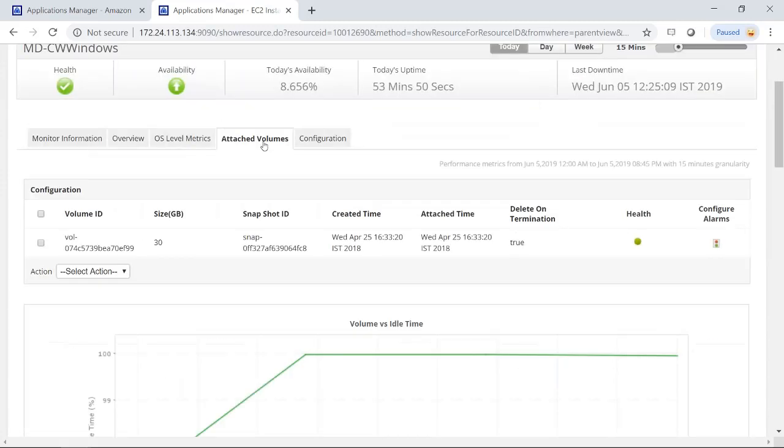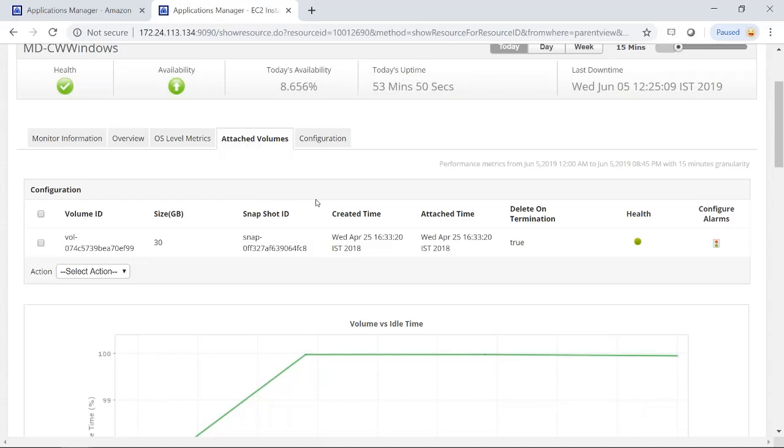Now next is the attached volumes. In the EC2 instance, there might be various volumes attached, and these volumes have a unique volume ID and an associated space identified in size, which is in GB. It also helps a user identify when exactly a specific volume was attached, what its creation time is, and for how long it has been idle.